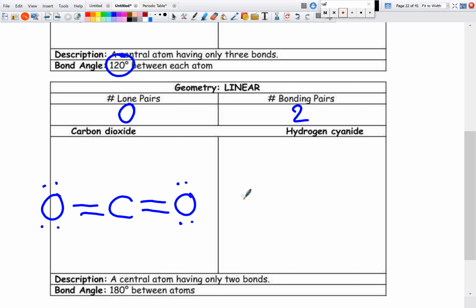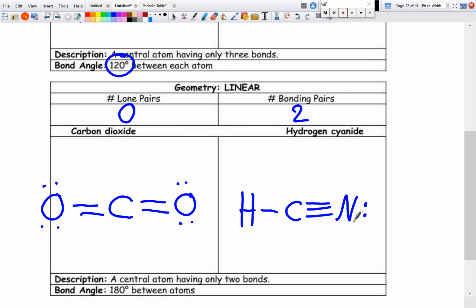For our hydrogen cyanide, it will look like this. HCN, where we have carbon and nitrogen undergoing a triple bond, so that is still only 1 bonding pair, and this one right here is the second. So it's still 0 lone pairs, 2 bonding pairs all around the central atom.